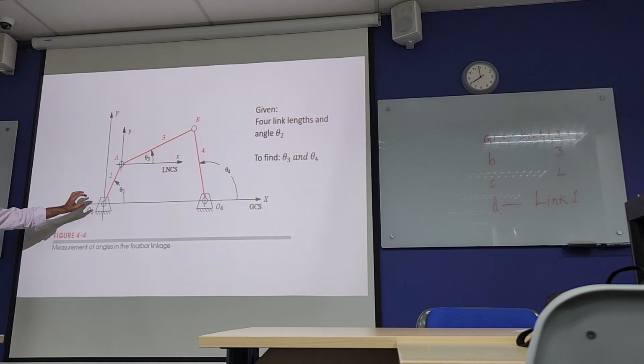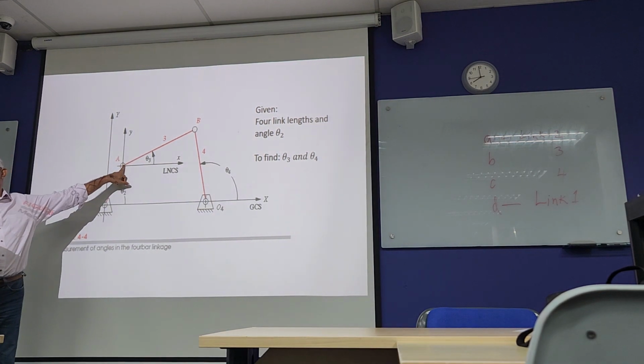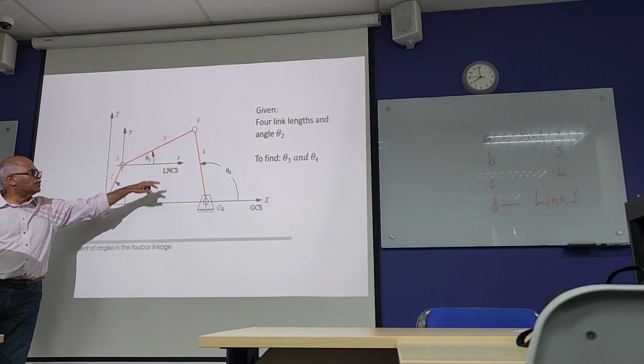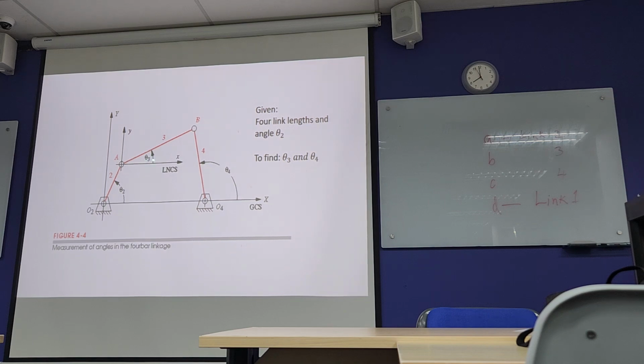So we shift the coordinate axis to this point. We have a small x, which is the local coordinate system, and small y. Now you are measuring the orientation of link 3 with respect to the local coordinate system, theta 3. Whereas theta 2 and theta 4 you can easily measure with respect to the global coordinate system.